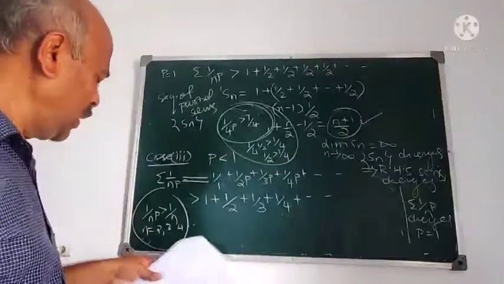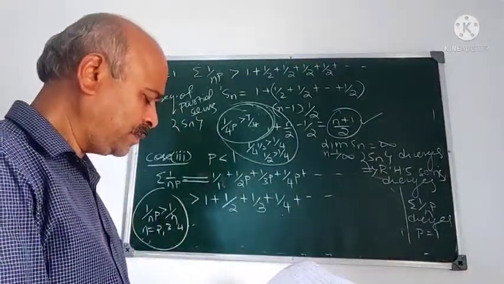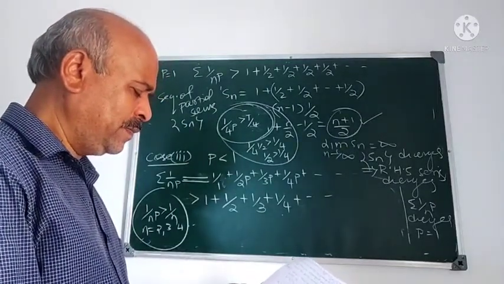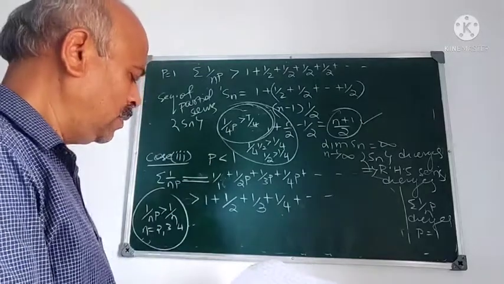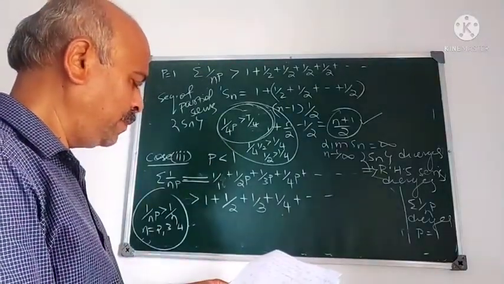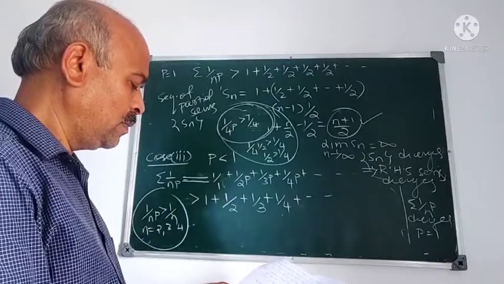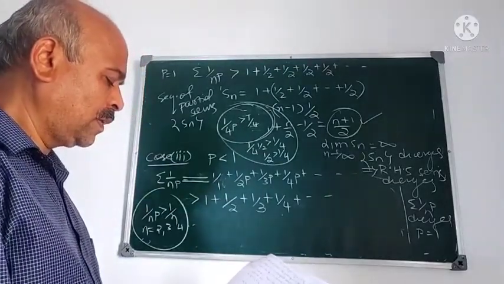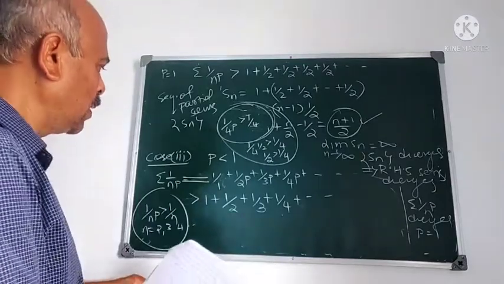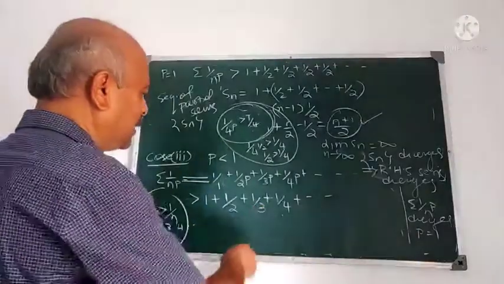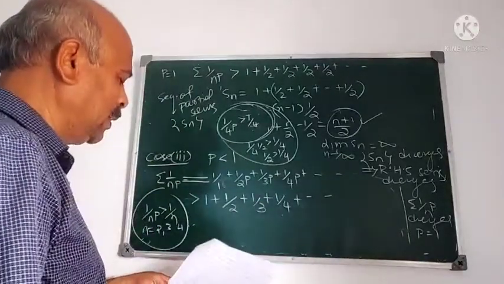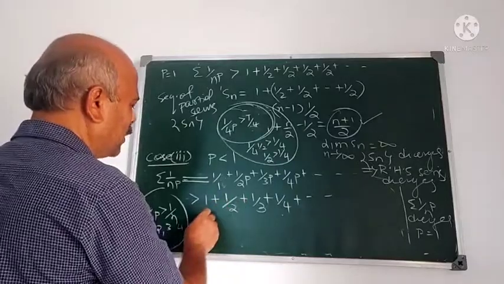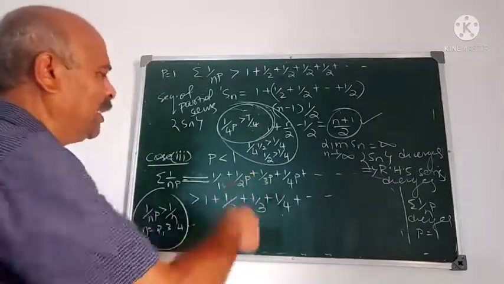Now, can we apply the first case here? First case. What is the first? Second case. Now we take like this. We arrange the grouped terms like this. It is greater than 1 plus 1 by 2, etc. Now we proceed as in case 2.